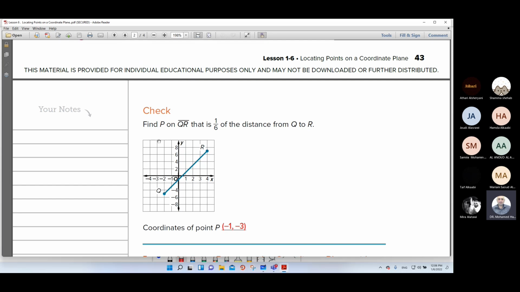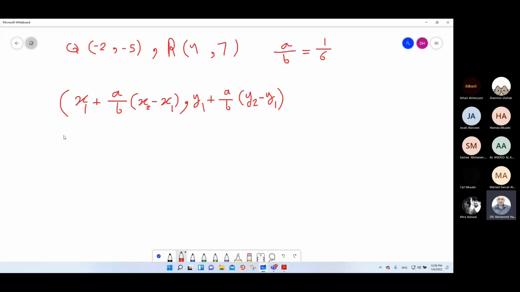Here in this example, B. So B equal. Now substitution. Here x1, here y1, here x2, and here y2. X1 means negative 2 plus A over B means 1 over 6.